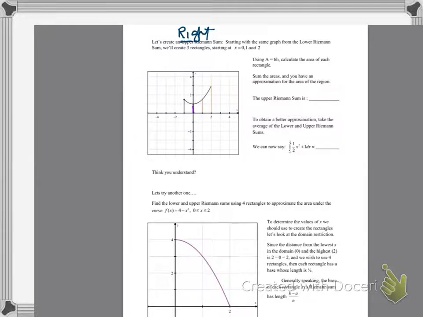So I'm going to go to the 0 because that's our next increment. Come up and then go to the left. Come up, go to the left, come up, and go to the left. When you go to the left, you stop at the next increment. So here are your right Riemann sum rectangles.